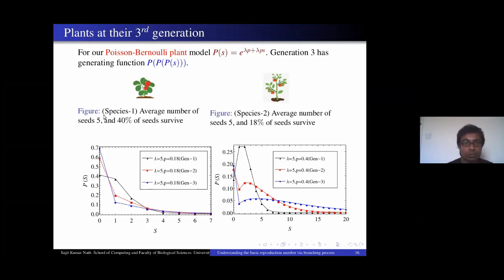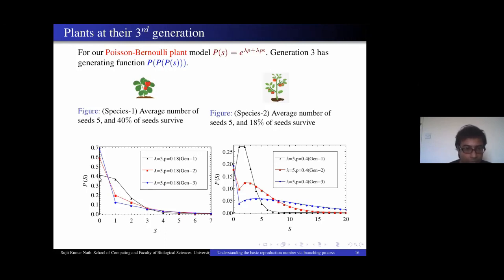Actually 18% survive for this one, and 40% survive for this one. So this is now the probability of the first, second and third generation. Black, red and blue are the probabilities of the first, second and third generation for the different species.